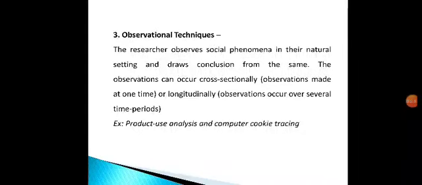This is a category of market information collection in which the researcher observes the ongoing behavior of the study participants, and it is used with participants in naturally occurring situations such as students in a classroom, employees at work, or customers in a restaurant. The observations can occur cross sectionally or longitudinally. Examples of this type of technique are product use analysis and computer cookies tracking.